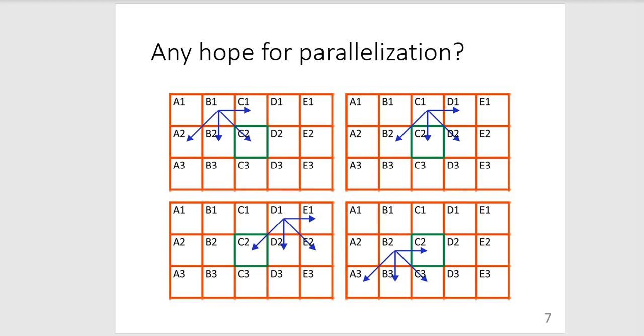It means that if we want to process pixel C2, we have to wait until B1, C1, and D1 and B2 have finished, as these all write values into C2's error buffer location.